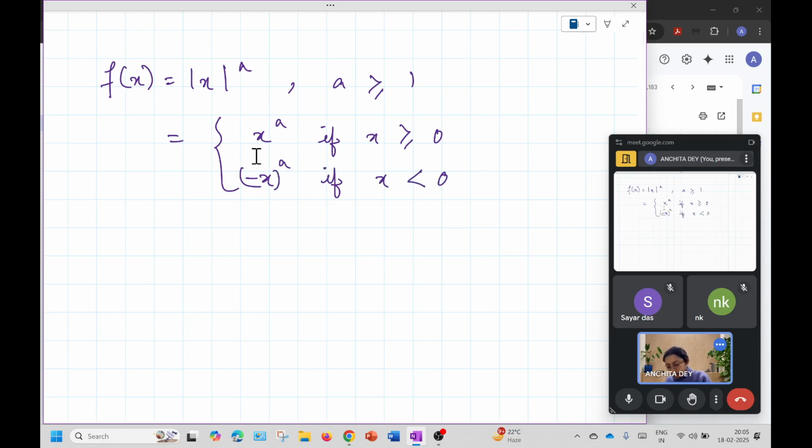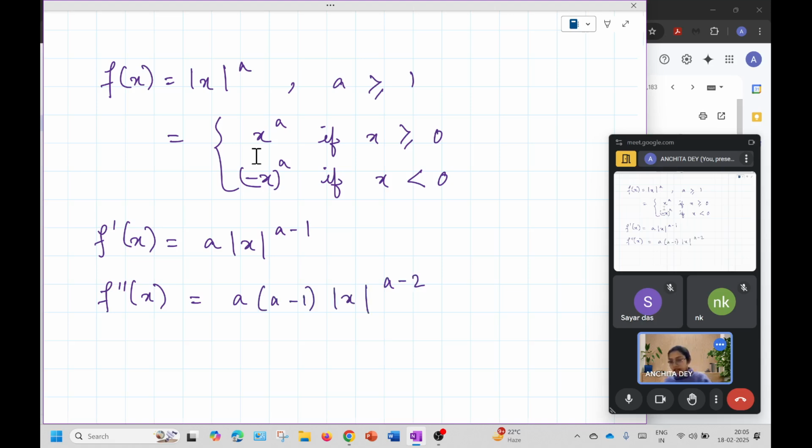If you evaluate it, you will see that f'(x) is given by this expression, and f''(x) is given by a(a-1)|x|^(a-2). Now it's given to us that a is greater than or equal to 1.